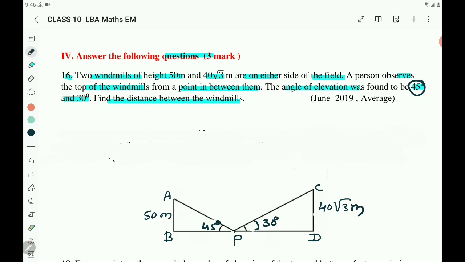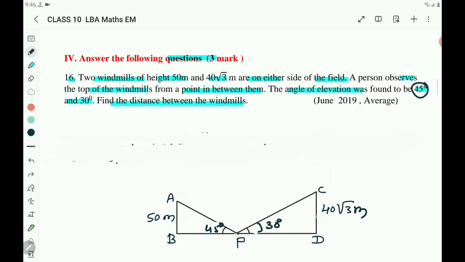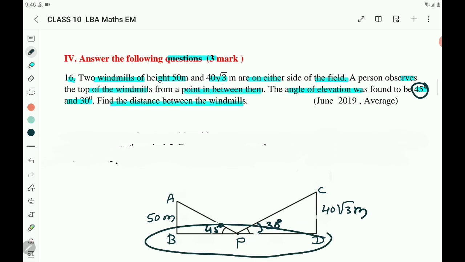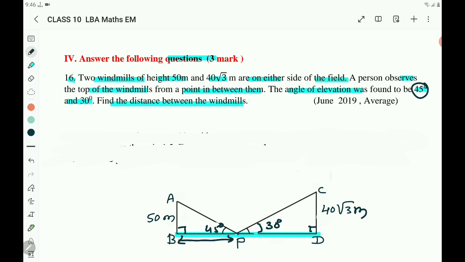Then to find the distance between the windmill, the distance between the windmill is BD. From B to D, how much distance is there, that you have to find out. Now you take the triangle ABP. You know that windmills are perpendicular to the ground. So the angle B and angle D are right angles. Here we have to use the trigonometric ratio, and in the first step we have to find BP and next we have to find out PD.